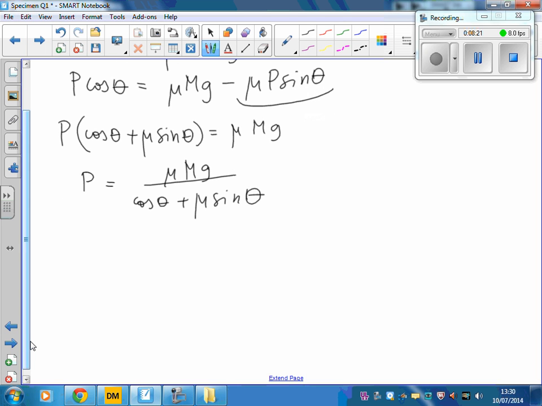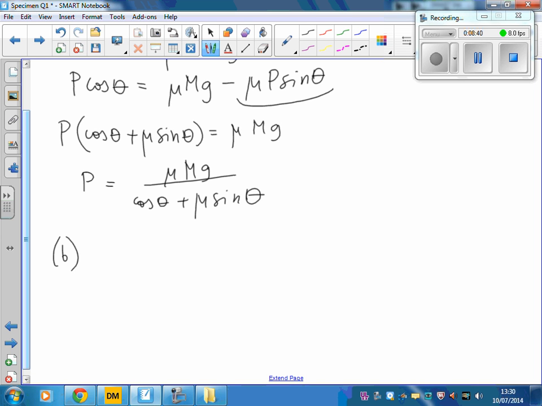Now we're in a position to answer part B of this question. Given that tan theta equals a half, find an inequality that mu must satisfy if the block topples before it slides. Let's use this condition then. The block topples before it slides.